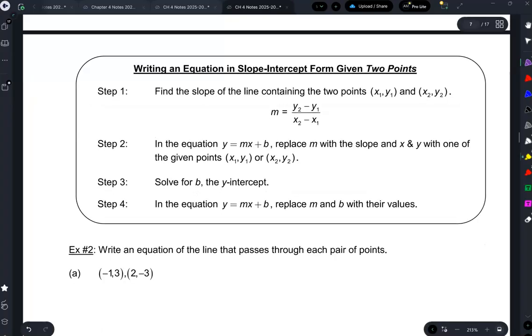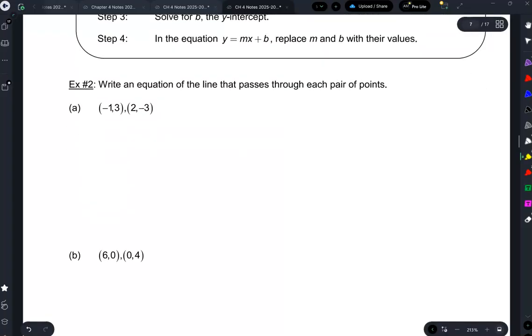So then, if you're given 2 points, then first you find the slope, then everything else is the same. Okay? So let's do this one. So here I have x1, y1.